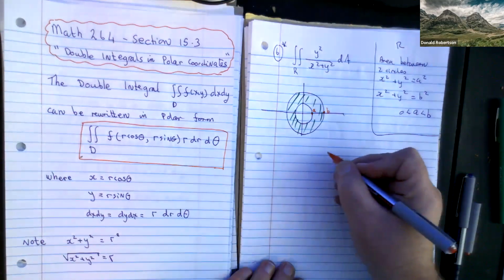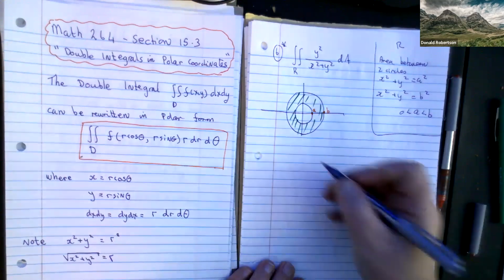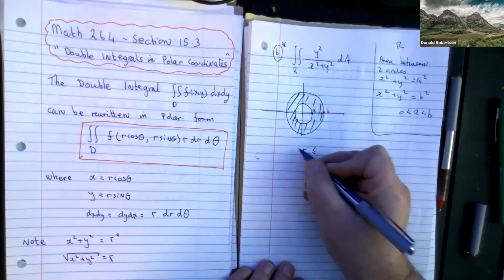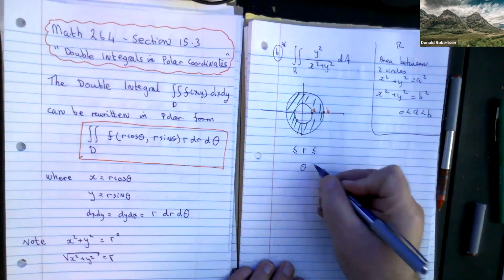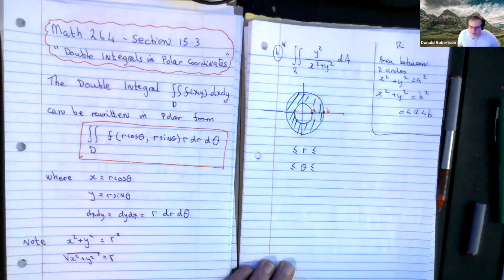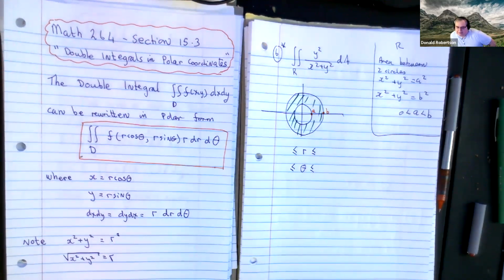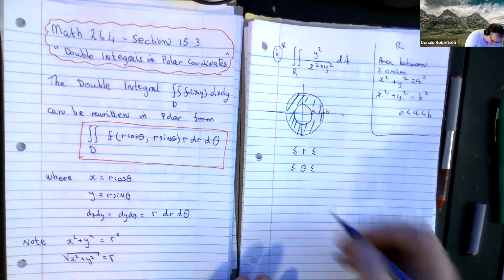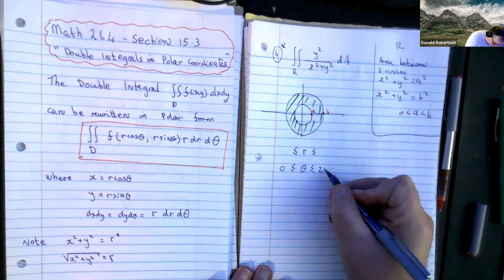From there, we now need to find out what the polar limits of integration would be. I'm going to go for the easy one first. It's a complete circle, right? Inside another complete circle. Complete circles are 0 to 2 pi.